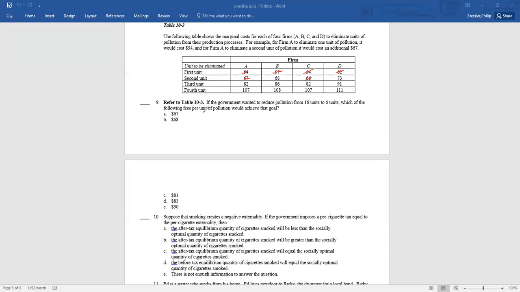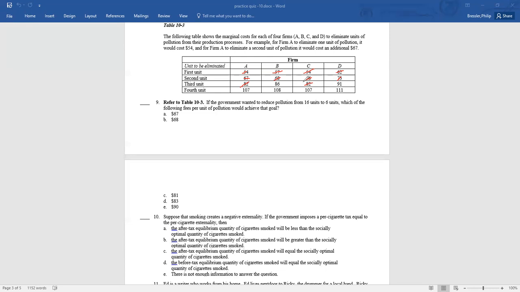Now, if I raise it to 68, I get rid of that unit, so now I have 7 units. That's not the answer. If I raise it to 81, I now get rid of 8 units of pollution. No, that's not the answer. If I raise it to 83, I get rid of 9, 10, and I'm left with 6 units of pollution. All right, so they could ask you anything, like 4 units, 8 units.